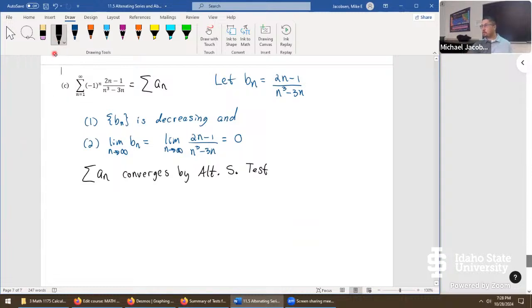So for our next portion, let's apply the absolute convergence test. This is a little bit tricky because if you're looking at these terms, weird things happen when n is 1. For example, when n is 1, we have positive in the numerator, positive 1, but the denominator is 1 minus 3, for a negative 2.